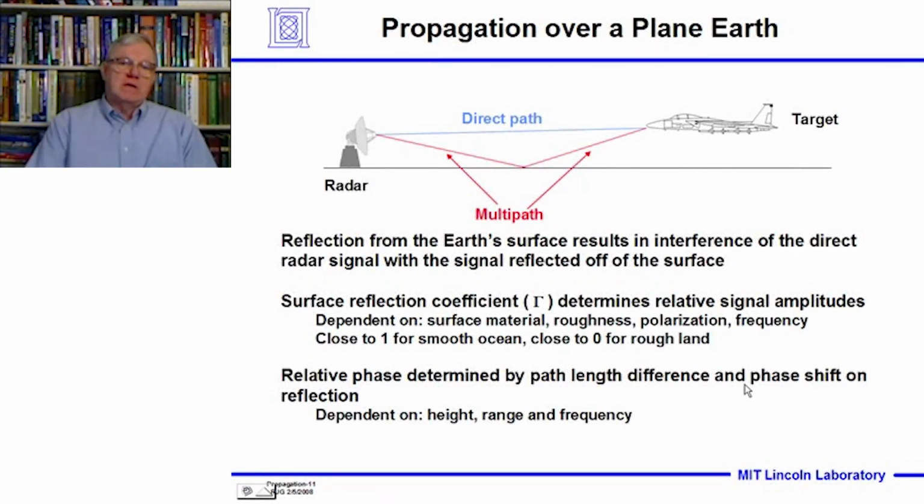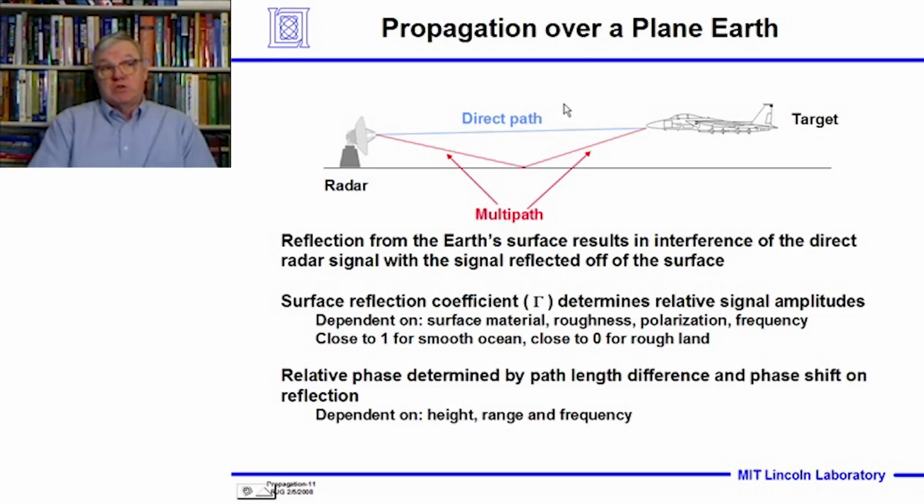We're going to take that concept of interference and look at the practical example of propagation from a radar to a target and back over a plane Earth. That's over a flat Earth. Now the reflection from the Earth's surface will result from the interference of the radar signal that goes directly out, hits the target, and comes back.